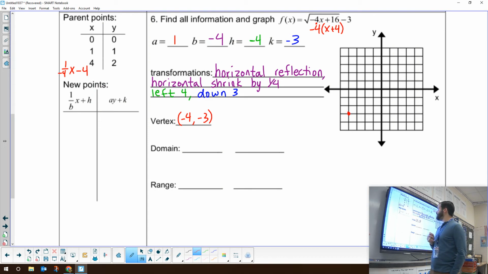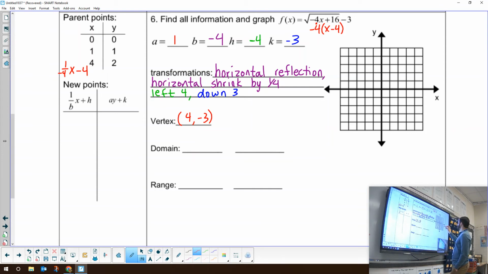okay, actually, fellas, I made a mistake here. So whenever I factored out this -4, I should have left it as a negative on the inside here. Okay, so we factor out a negative, and it changes it to x minus 4. And so what that's going to do is that's going to change my vertex to (4, -3). Okay, so instead of going to the left 4, we'd actually go to the right 4.